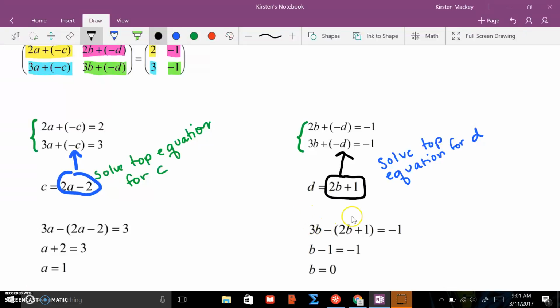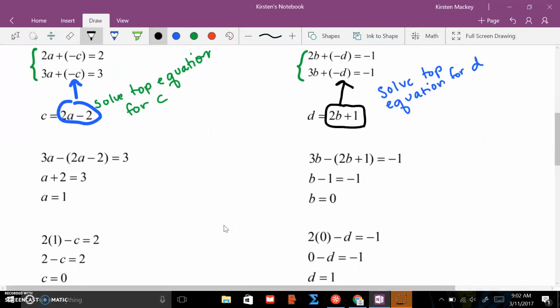When I solve for B here, 3B minus 2B, well, I'm left with 1B. And when I subtract a positive 1, it's really just the same thing as subtracting 1, right? B has to be 0. 0 minus 1 should be -1. So I'm halfway done. I still need those values for C and the values for D as well.